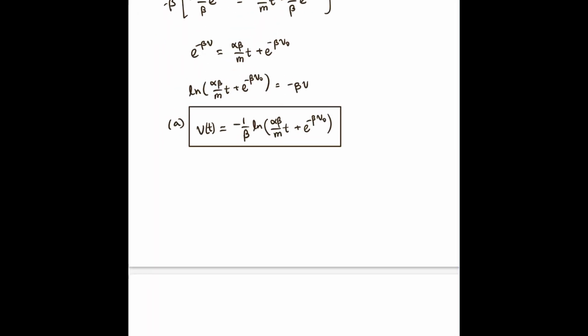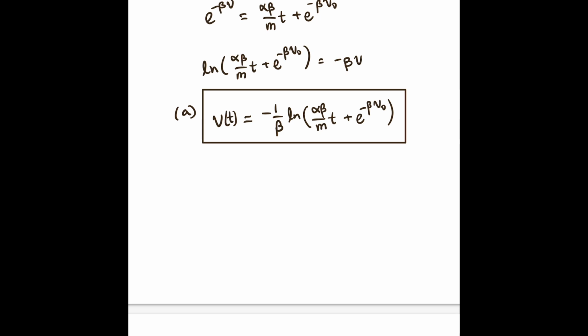The next thing we want to solve for is time. Now the time at which the boat stops. And we have to infer that when the boat stops, the velocity is 0.